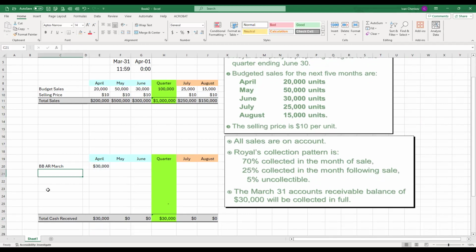Next thing that we're going to collect is the 70% of the sales from April.